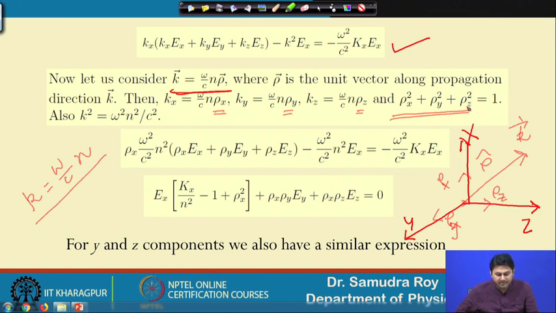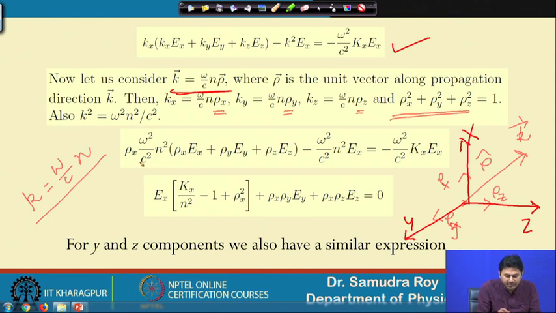Now, if I replace the amplitude of k with the unit vectors, then I will replace k x as rho x omega square by c square n square, times rho x E x, rho y E y, and rho z E z.